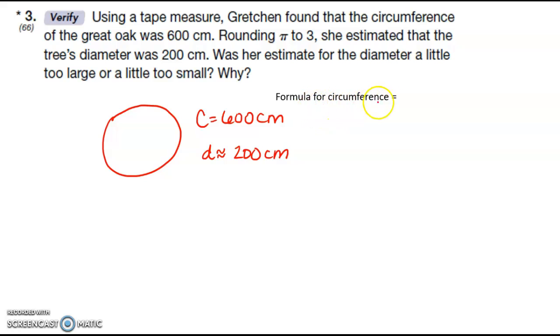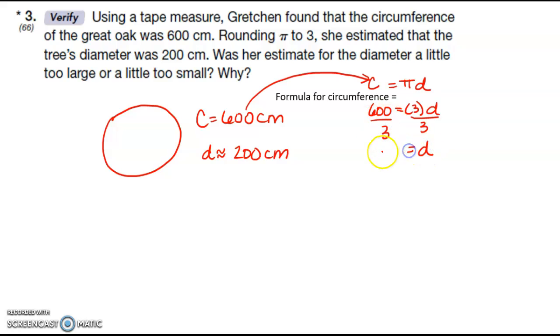So our formula for circumference is pi times diameter. We're going to plug this in because she measured that. So 600, and then she used 3 for pi. So we're going to divide that, and that's how she got her diameter.